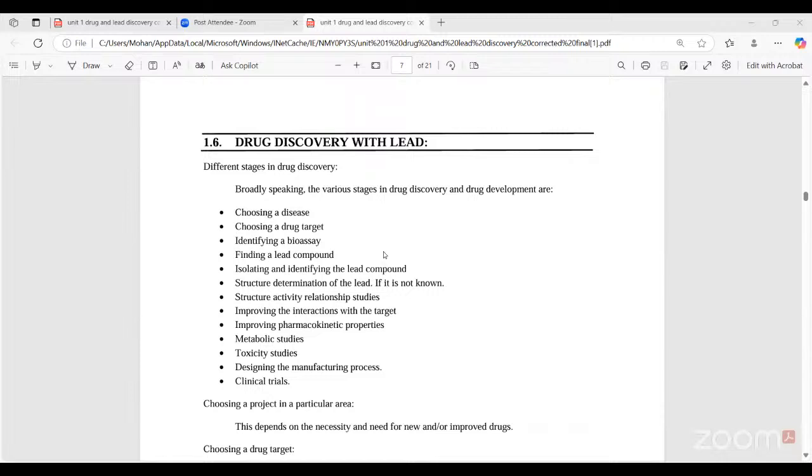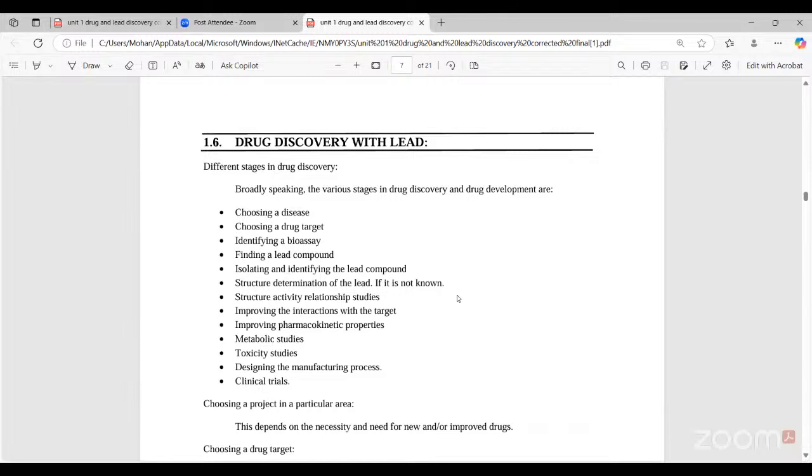Then isolating and identifying the lead compound. Once the lead compound is identified, how do we isolate it and identify its structure? If it is extracted from sources like plants, you have to isolate it and identify its structure.